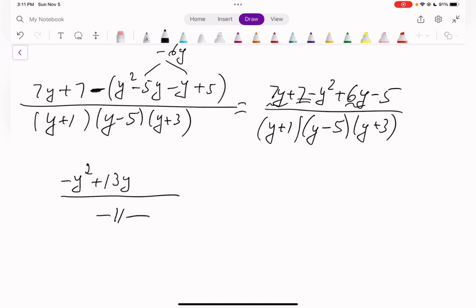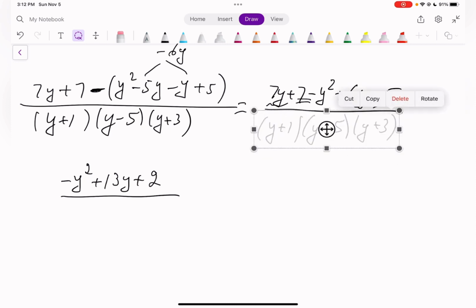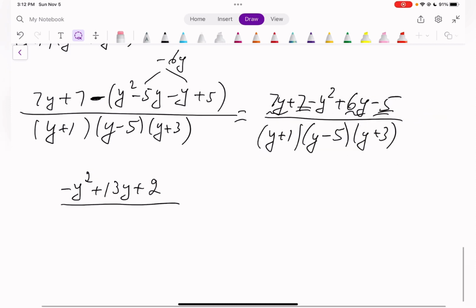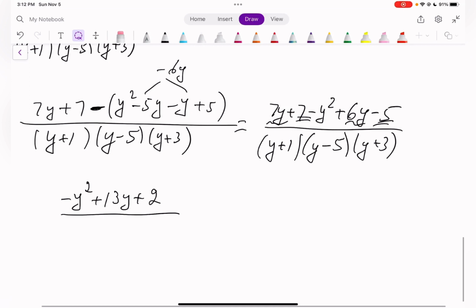And plus 7 and minus 5 is going to be plus 2. And the bottom it's going to be the same. So in the bottom I'm going to have, let me see if I can copy this like that. There we go.